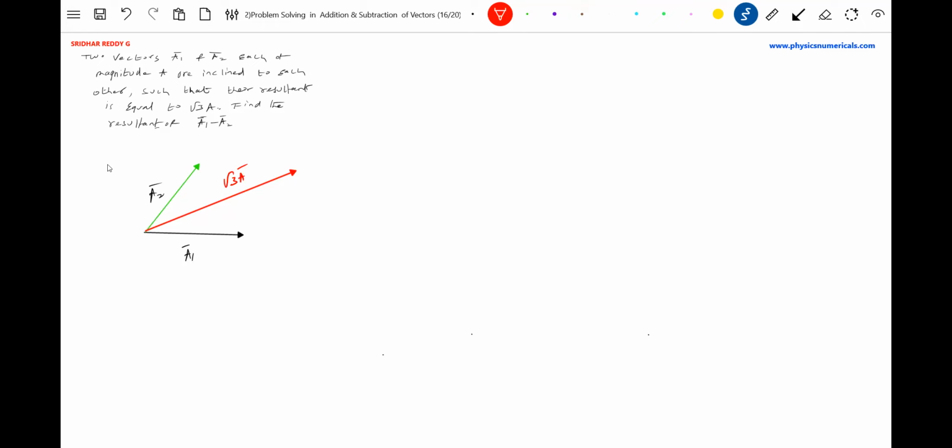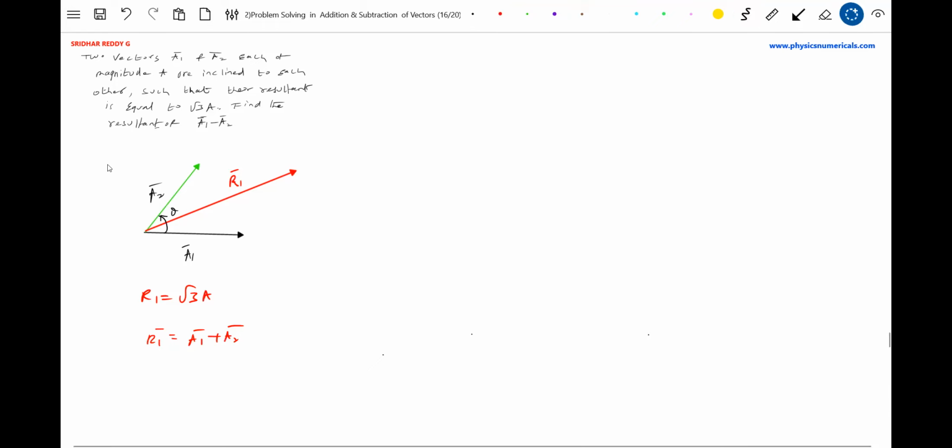Let me use a symbol. Then what is R1? The magnitude is root 3A. R1 bar is equal to A1 bar plus A2 bar. The angle between them is again theta.